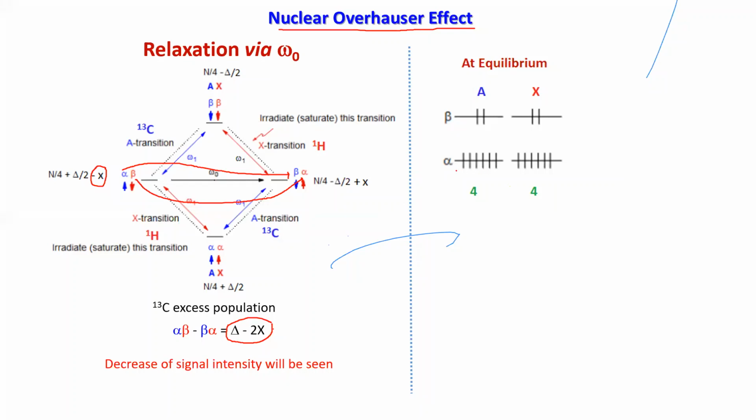So at the alpha state you have 6 nuclei of 13C, and 2 nuclei at the beta state. For the proton also I have taken the same: 6 nuclei at the ground state, alpha state, and 2 nuclei at the beta state. This is the Boltzmann distribution at room temperature.